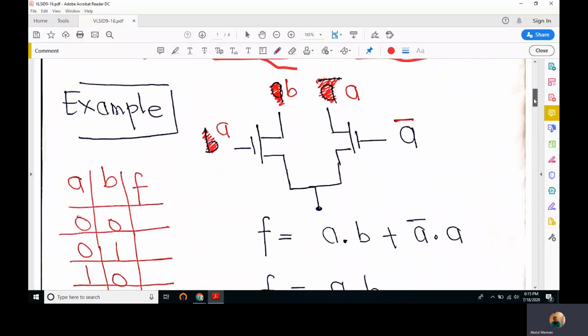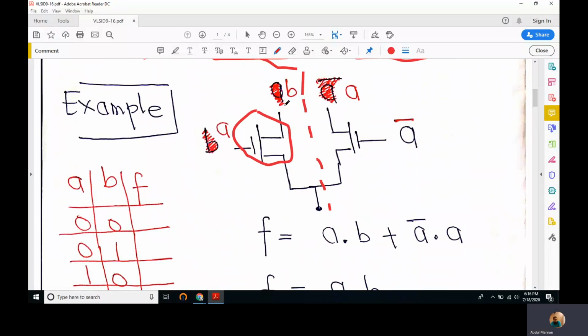So for this given circuit, if we just concentrate on the left portion and neglect whatever is implemented in the right branch of the circuit, in the left branch we have this NMOS transistor, whose source is connected to B and gate is connected to A, and the output is the drain.